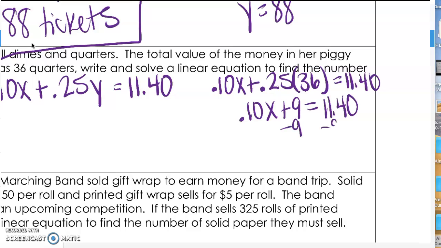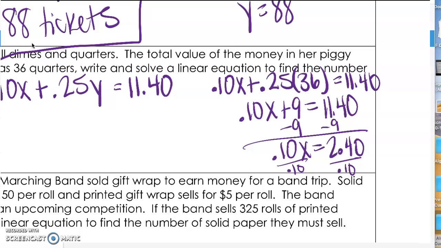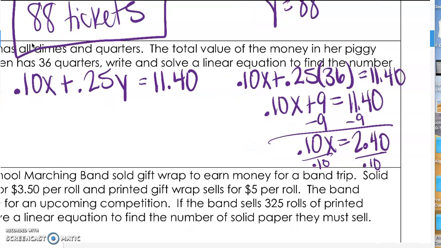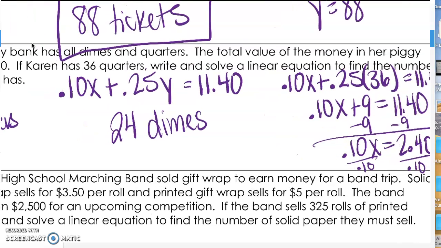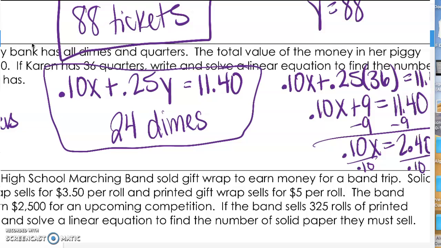So then if I take 9 away, I know I'm left with $2.40. Divide that by a dime, 0.1. And we end up with 24. So 24 dimes is what she would have. So again, you need your equation that relates your two things, in this case, dimes and quarters, and then answer the question.